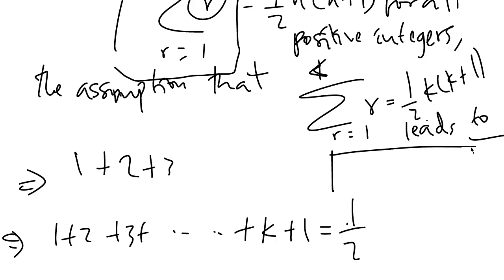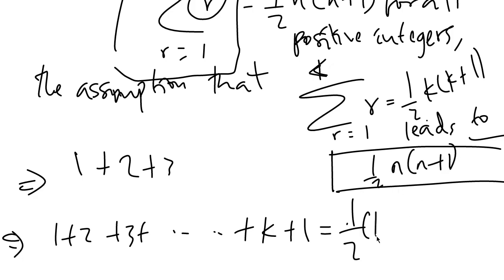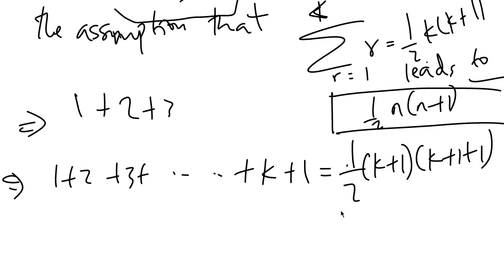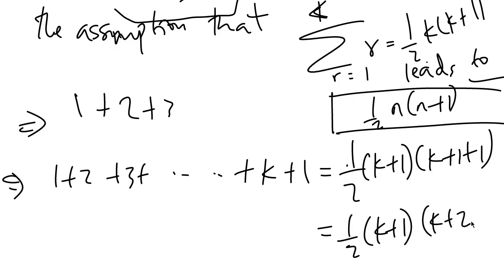Remember, look at the original expression: half n into n plus 1. Anywhere you see n, replace with k plus 1. That will be k plus 1 into k plus 1 plus 1. Are you following? With that, you now have half into k plus 1 into k plus 1 plus 1, which is k plus 2, and that is the expression.